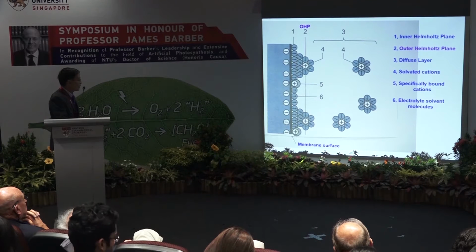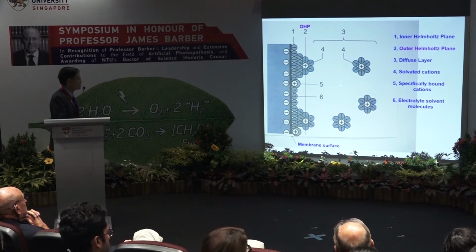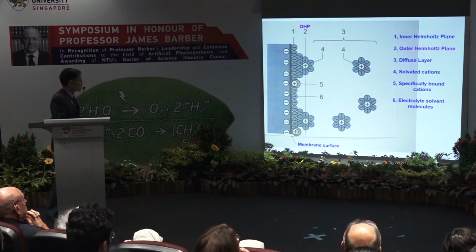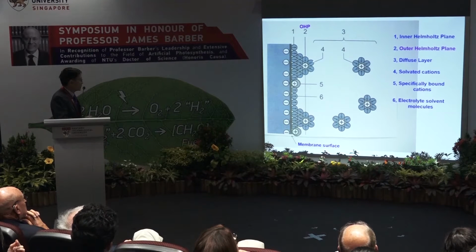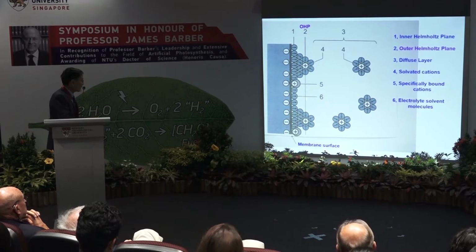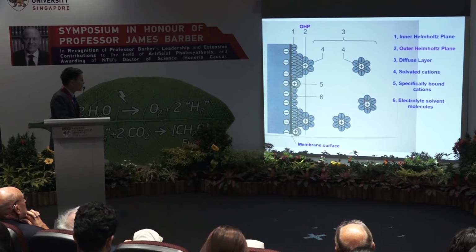And anyway, when we use a monitoring cation like methylviologen with two positive charges, the cation is monitoring the diffuse layer and sees a certain surface charge density that is behind this outer Helmholtz plane. So any specific binding of cations would then cancel out the charge as seen by the monitoring cation.